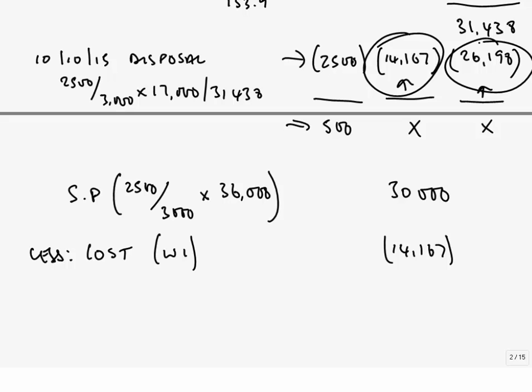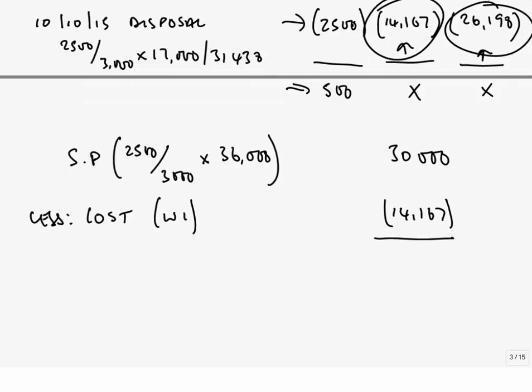That was the 26,198 there. We deduct the cost. So again, we get an unindexed gain figure. So 30,000 less 14,167 will give us £15,833.